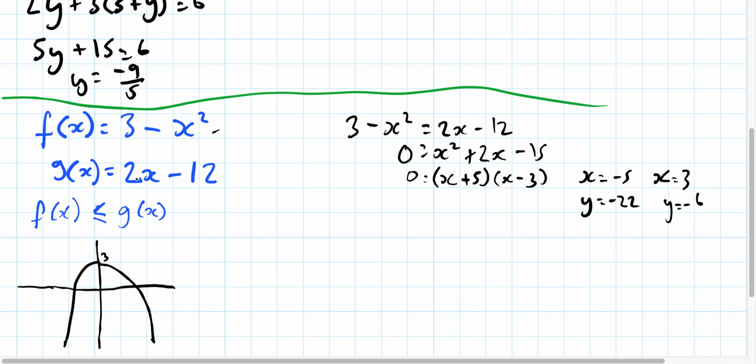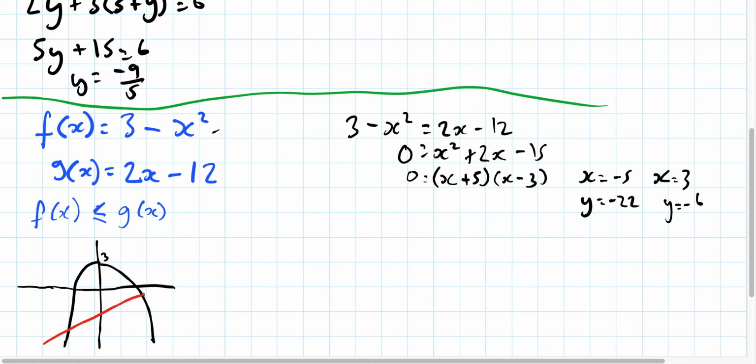And then the next line, the g(x) line, is 2x minus 12. So now the gradient is 2 and the y-intercept is minus 12. So I'm just going to draw something sketchy like this. That is minus 12. And we know the intersects are going to be minus 22 here. So this is minus 22 and minus 5. And the next intercept, let me just draw it a bit more accurately.